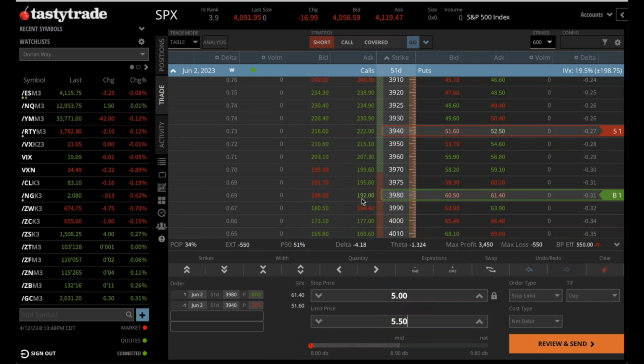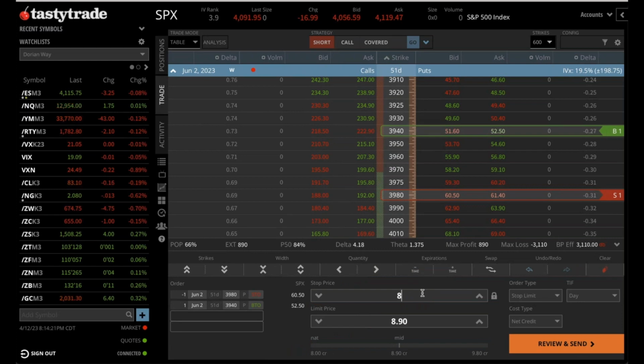So once again, on TastyTrade, the trigger price is the first number, and then the limit price, the amount you do not want to pay more than, is the second price. Okay? So if you're selling something and then you're putting a stop limit, then the trigger price is going to be something that's higher, and the limit is going to be a little higher than that. If it was the opposite, let's say you bought something and you were trying to get out, then it's going to be lower.